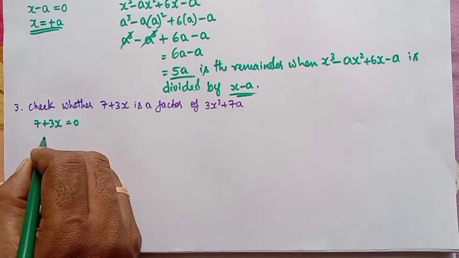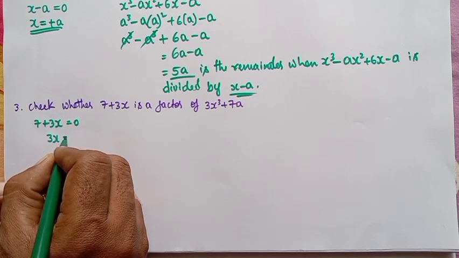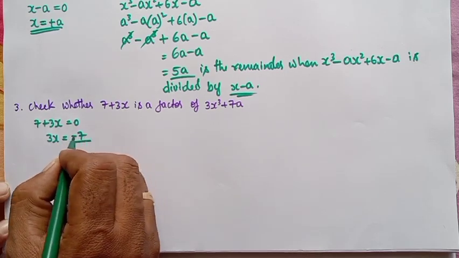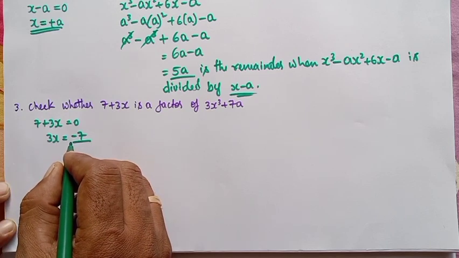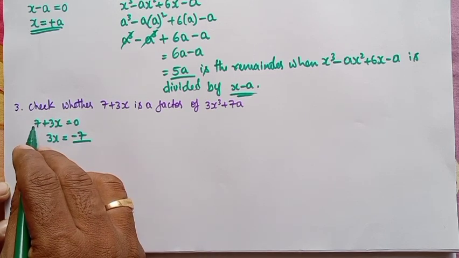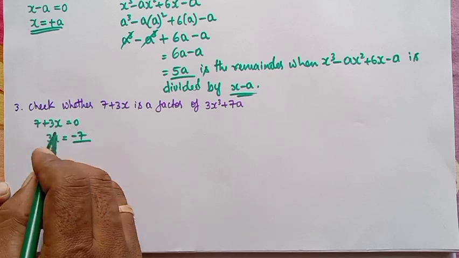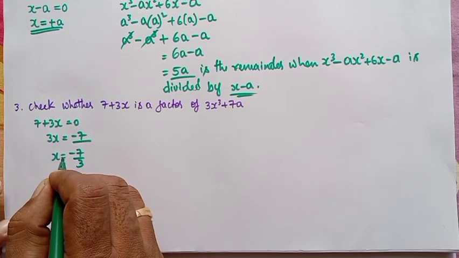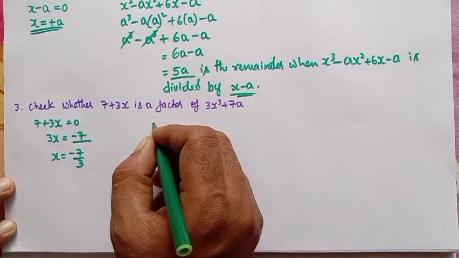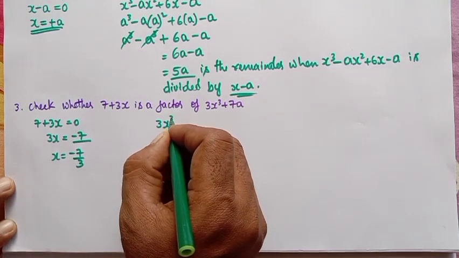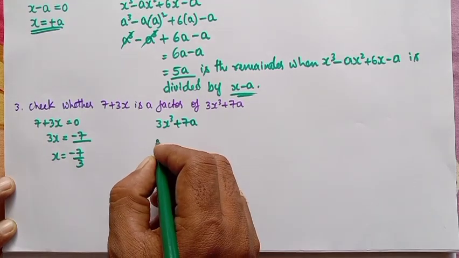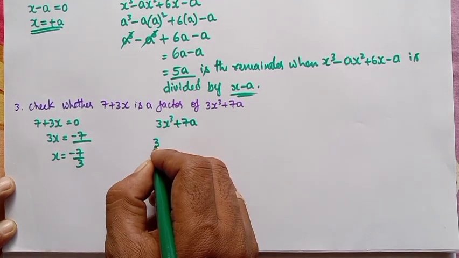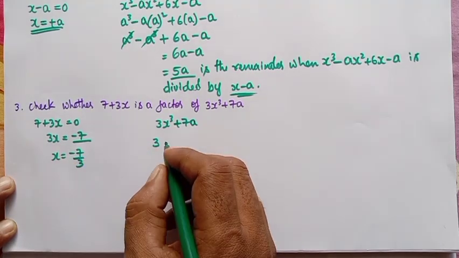So we will get the value of x. x equals minus 7 when this 7 moves to the RHS, so the value of x is equal to minus 7 by 3. And let us substitute this in the given polynomial 3x cube plus 7a. Instead of x, we should write minus 7 by 3.